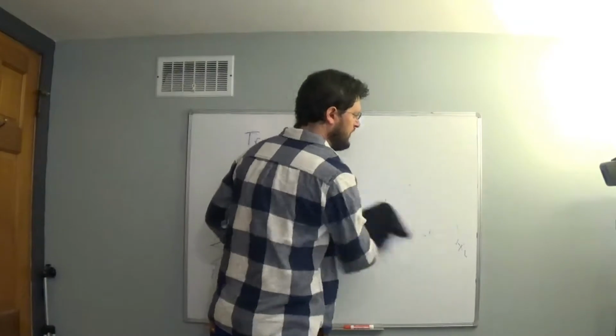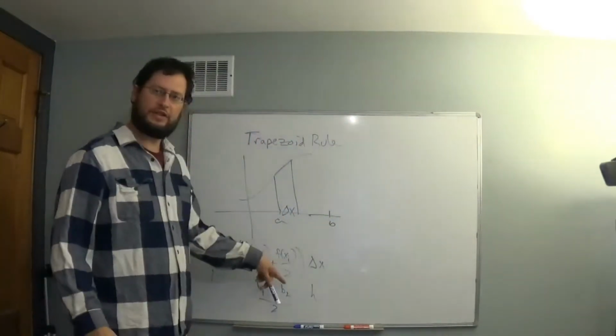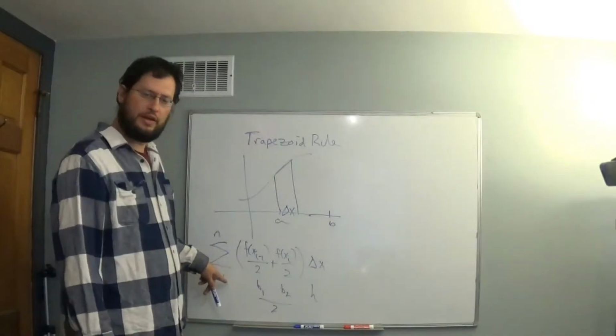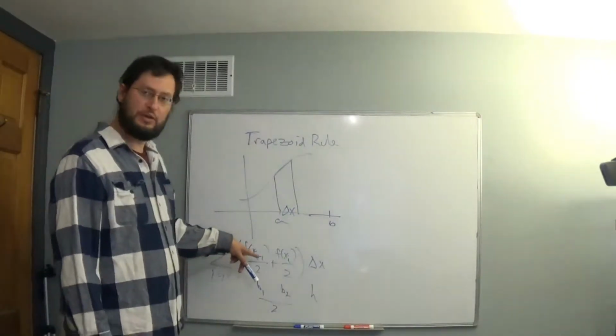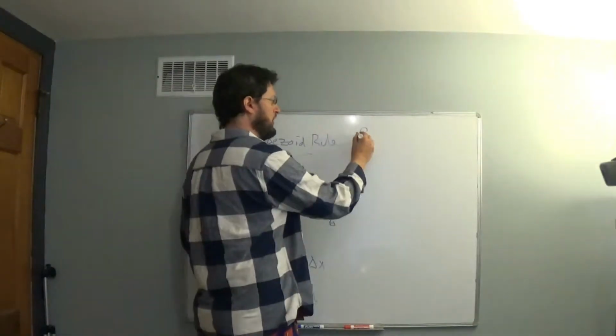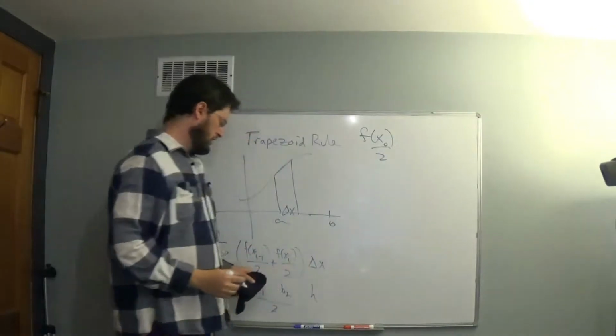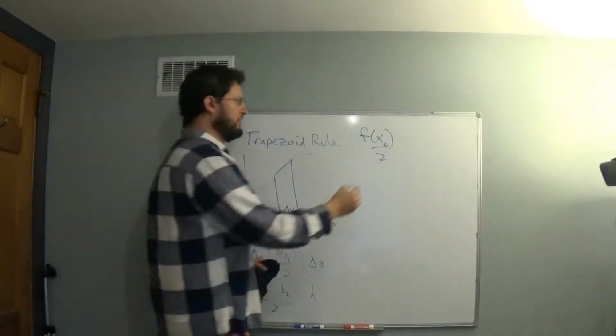So if I started to write out what we have for this formula, when I plug in i equals 1, we'll get f at x0 over 2 plus f at x1 over 2.